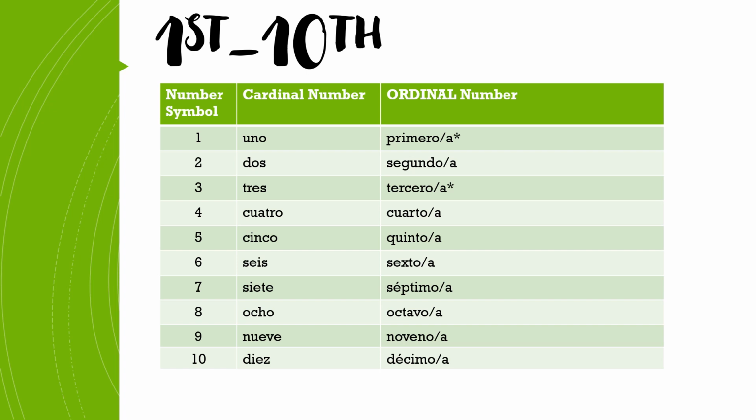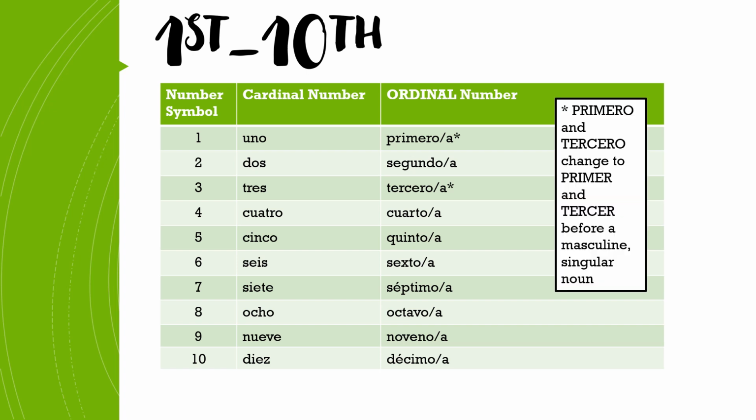And there are two that are starred. That's primero and tercero. So after you copy this table, I want you to also put a note for those two, the first and third, that primero and tercero change. The O goes away. They change to primer and tercer before a masculine singular noun.